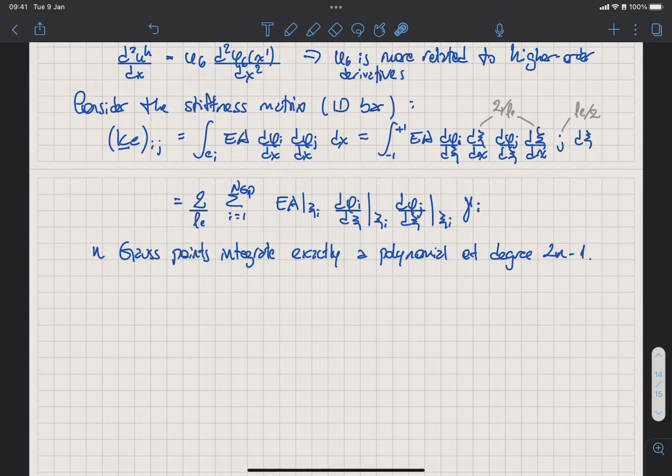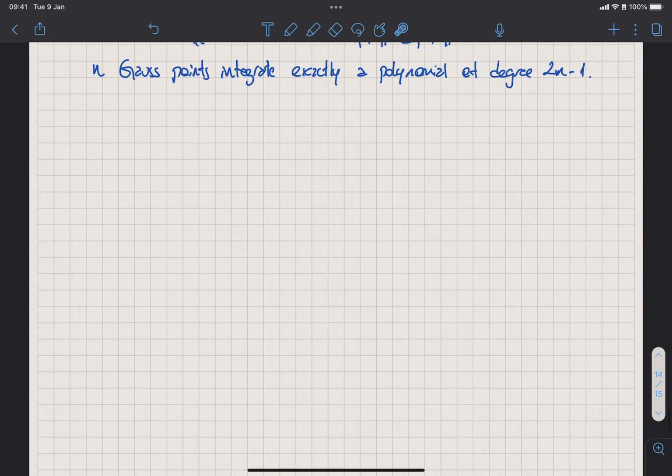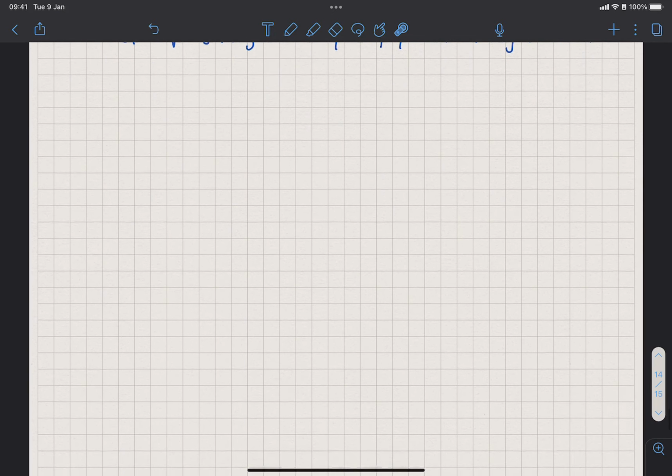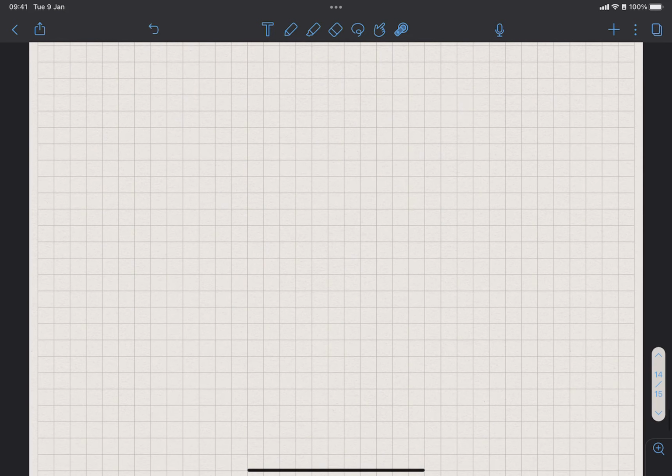The rest is all there, but now we're going to focus on some theoretical estimates on convergence rates. As I said, we're going to look at H, P, and HP versions of the finite element method.